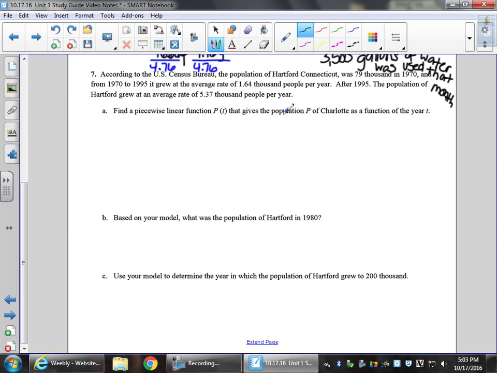Your choice, it didn't say population in thousands, but I'm going to add that, just in case you choose to do that, I'll do it too. So we're going to define population P in thousands. Let's start with T. T is the number of years. Let's define a 0 year. 1970 is my 0 year, so T is the number of years since 1970.